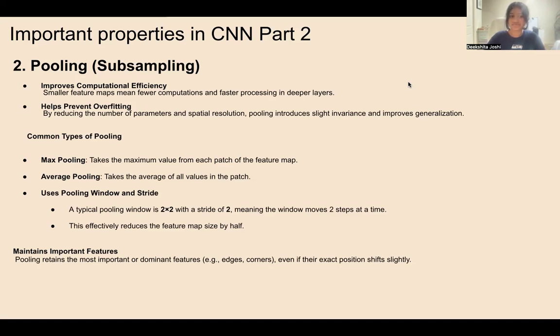Pooling retains the most important or dominant features like edges or corners, even if their exact position shifts slightly. So if point A moves even the tiniest bit, so that it's very hard to notice, the CNN is even going to notice that.